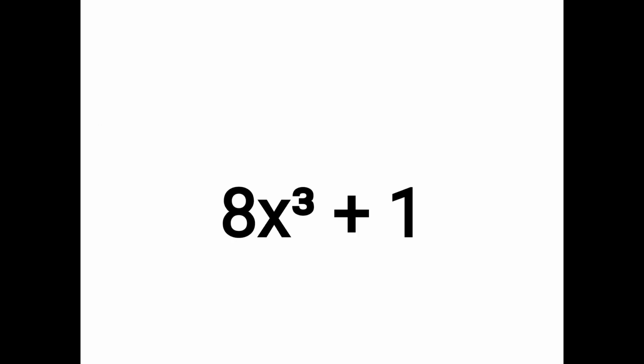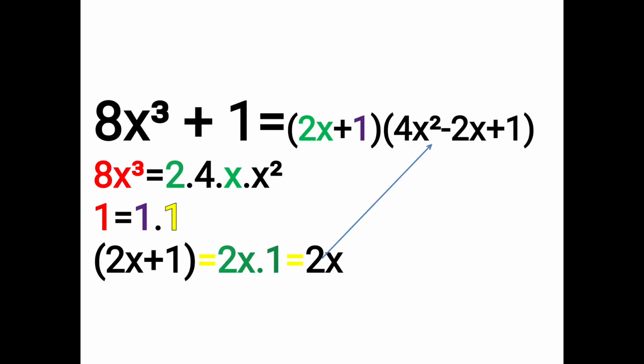So let us try to answer this one. We have 8x cubed plus 1. For the solution, 8x cubed is 2x times 2x times 2x, the factors being 2 and 4x squared, and 1 is 1 times 1. So we put in the quantity the first term 2x, and on the other side 4x squared, and then plus 1.